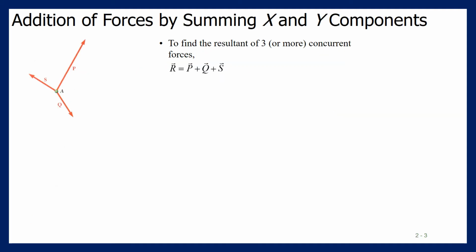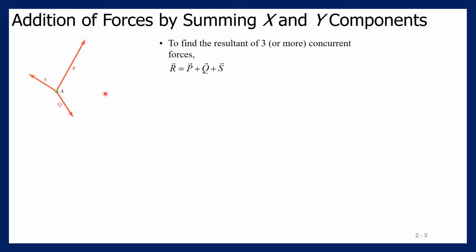Now if you want to add forces by summing x and y components, then this method is very simple. Suppose you are having three concurrent forces. What is a concurrent force? When all the forces are passing through the same point. So here P, Q and S are passing through the same point A. That is why they are called concurrent forces.